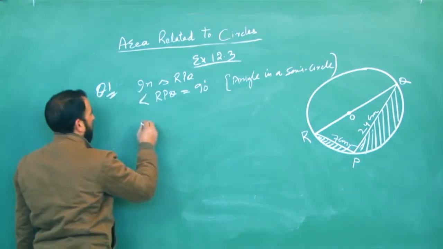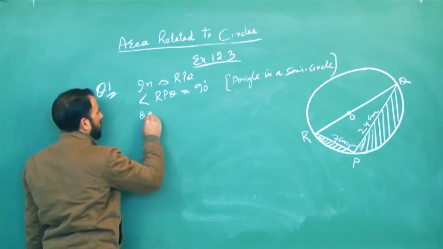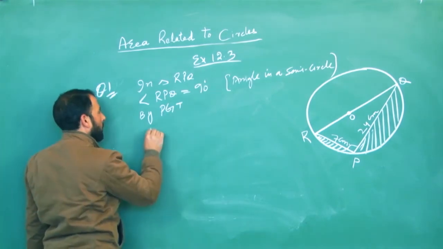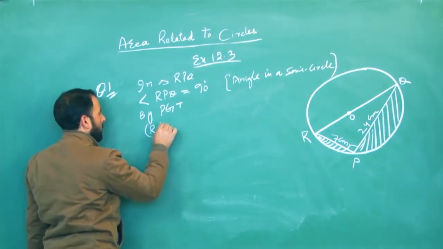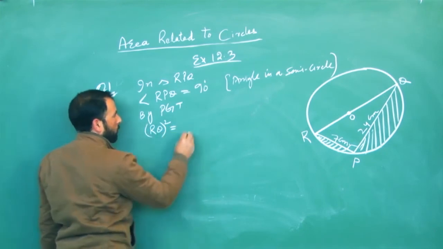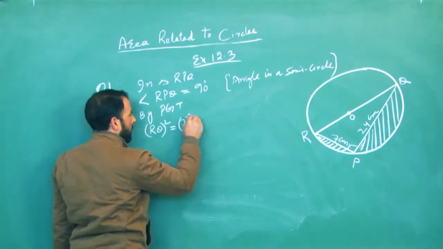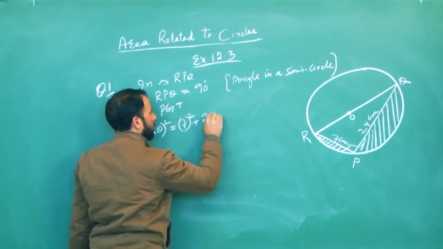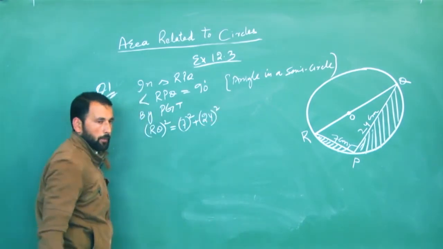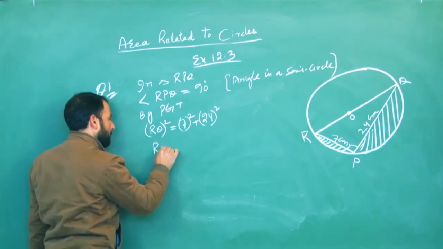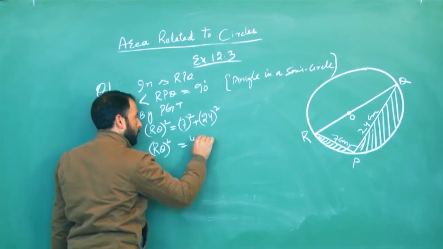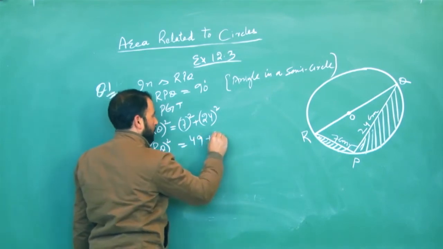So in this triangle, by Pythagoras theorem, what is the hypotenuse here? It is RQ. RQ square is equal to base square, 7 square, plus altitude square, 24 square. RQ square is equal to 49 plus 576.